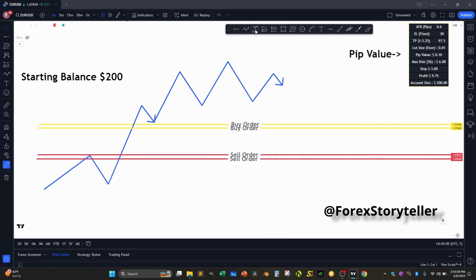And basically, what pip value is going to represent is, let's say price has moved, and that was, say, 10 pips. So if we were going to use that distance to say 10 pips, and we wanted to only risk $3, that would mean if we went back the other way and got it wrong, we would be looking at $3 of risk because of that pip value.